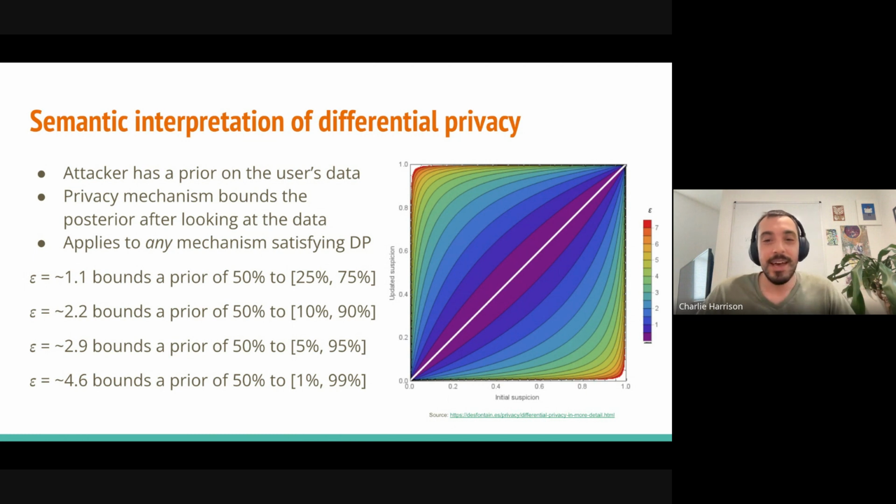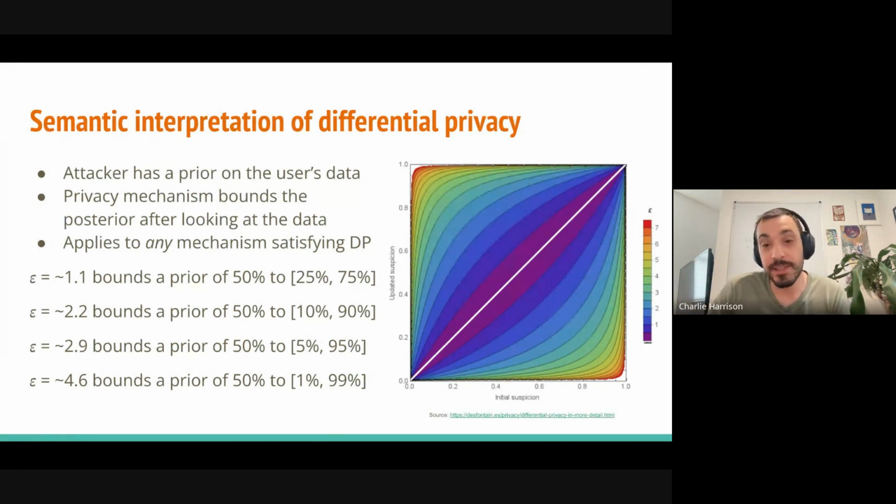So your adversary has some sort of prior before they look at the data, and then they look at the output of your privacy mechanism, and you're looking at how the prior has updated. Intuitively, if your prior updates quite a lot, then you've revealed a lot of information about that sensitive bit of the user's data. And so you can think about epsilon differential privacy as bounding the prior update.